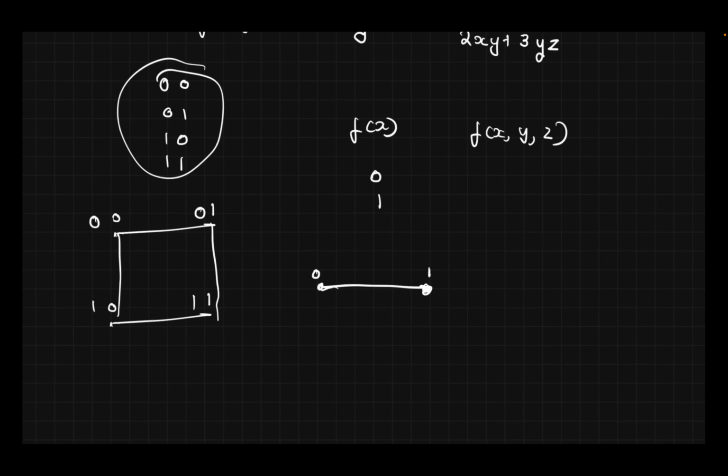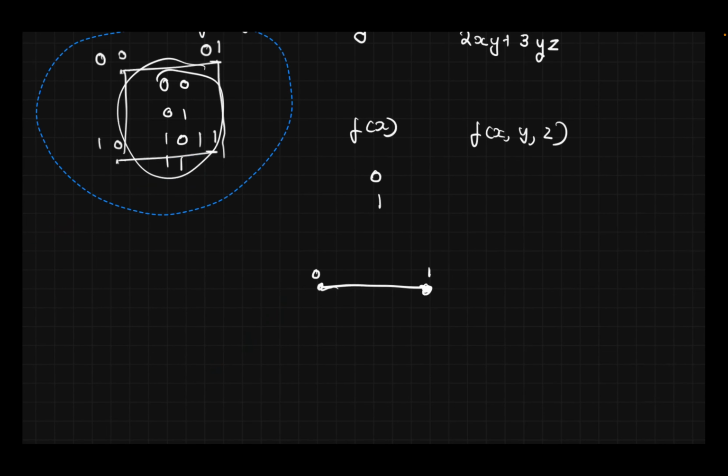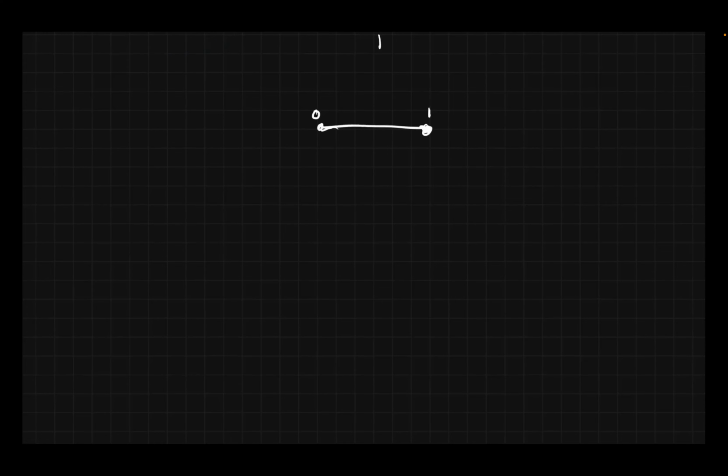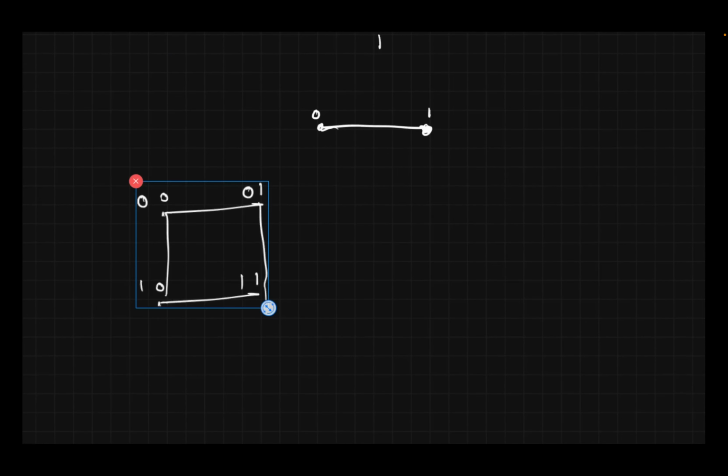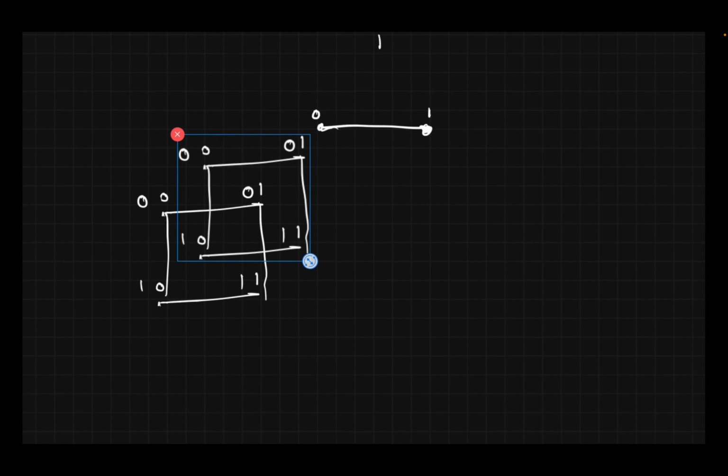Then likewise, you can do the same. Now you're going from a square to a cube. So you just copy the entire thing. One of the squares is going to have a 0 prefix everywhere, while the other one is going to have a 1 prefix everywhere.